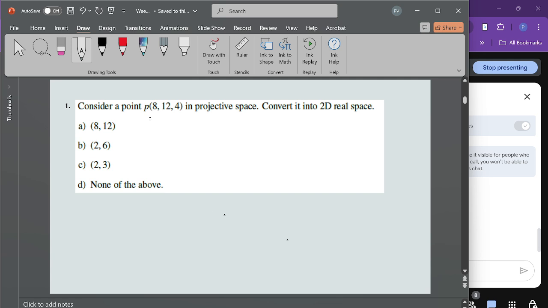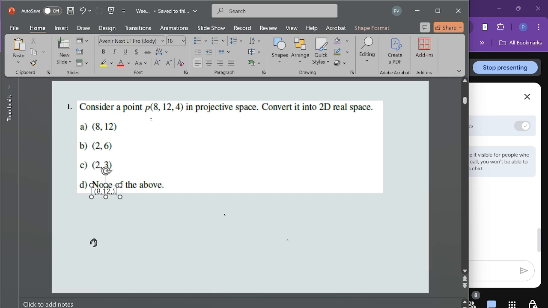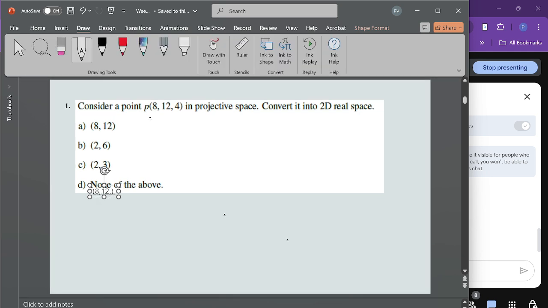The projective point is given as P = (8, 12, 4). This is the representation in the projective space.